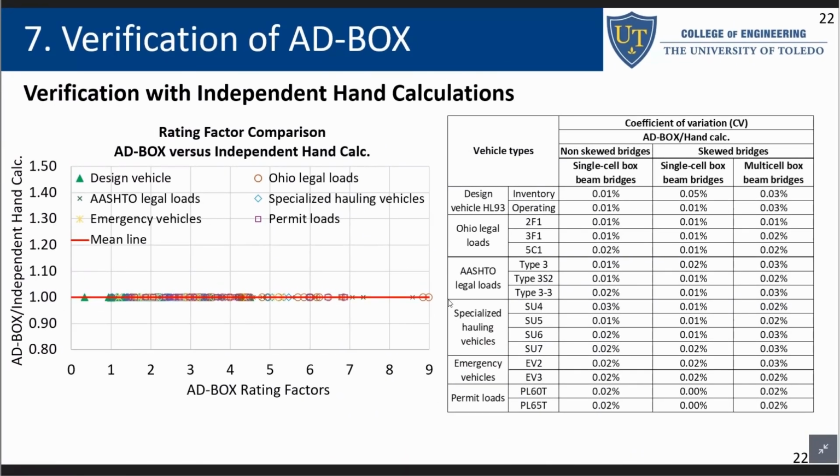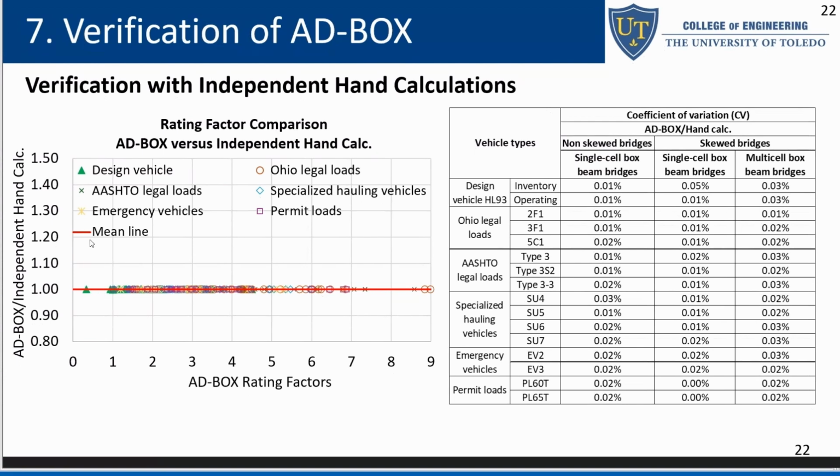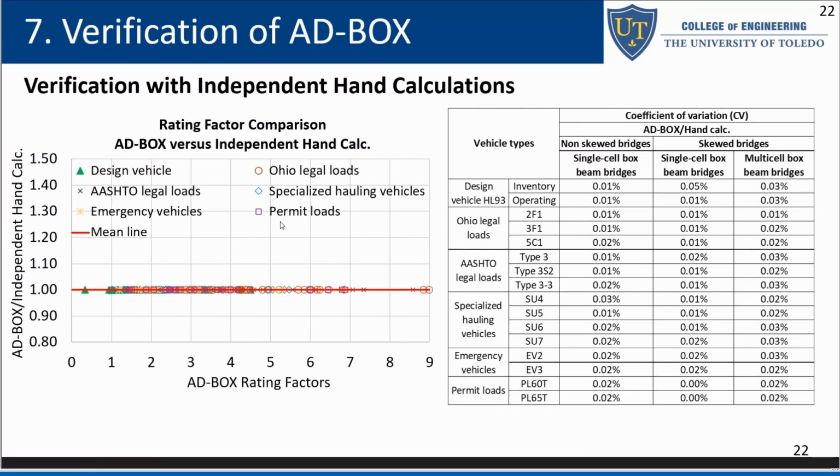So these are the verifications for the remaining vehicle types. We can see the chart on the left. AASHTO rating factors are on the horizontal axis, and the ratio of rating factors of AASHTO to independent hand calculations is on the vertical axis. We can see the red line as the mean line, and each point represents a vehicle type, the 15 vehicle types specified in O.BDM.